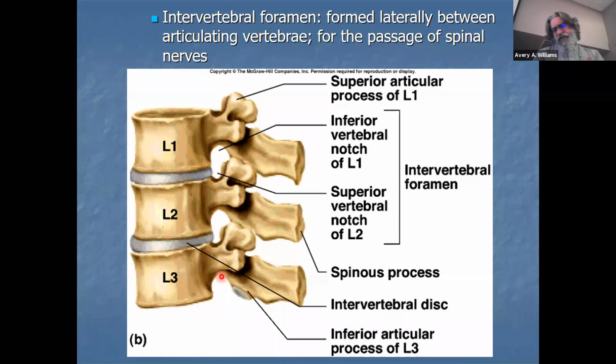On the inferior surface, you've got a little notch right here. And notice the inferior of one articulates with the superior of another one, and it makes a hole right there. You see how that does that? So these notches produce this opening.